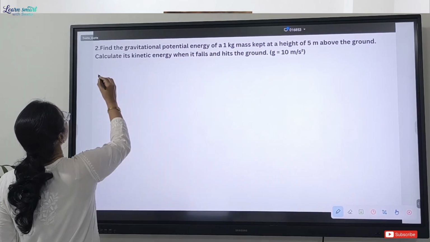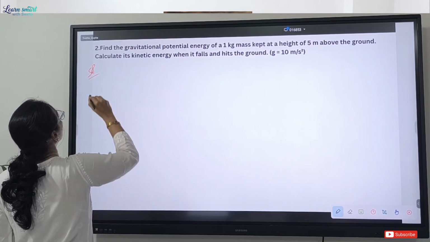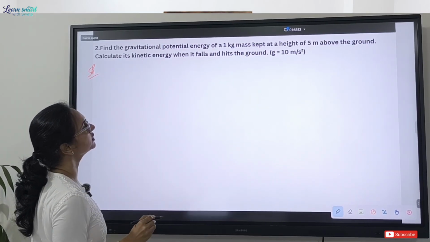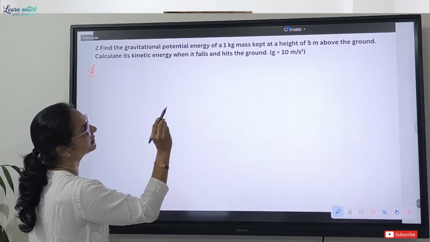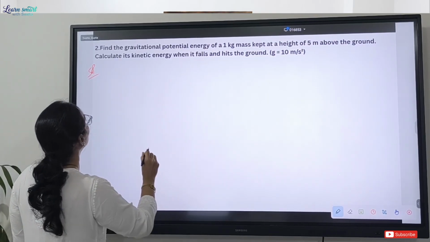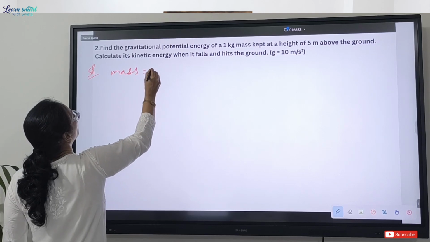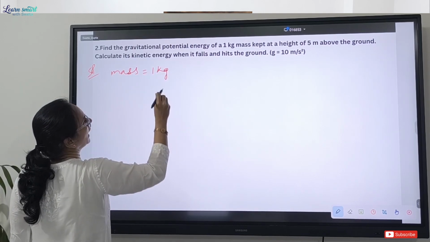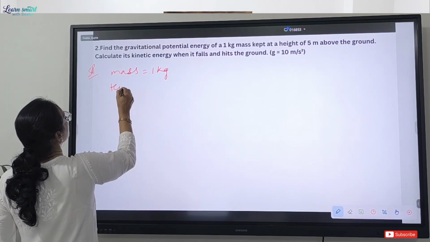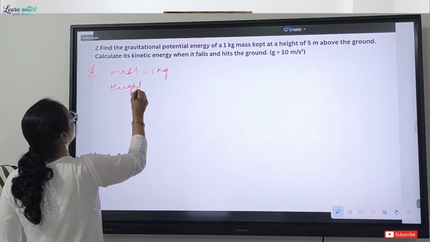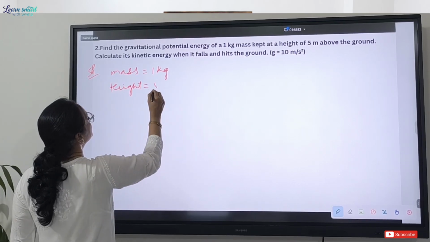Question number 2 is, find the gravitational potential energy of a 1 kg mass kept at a height of 5 meter above the ground. So mass equals 1 kg and height is equal to 5 meter.